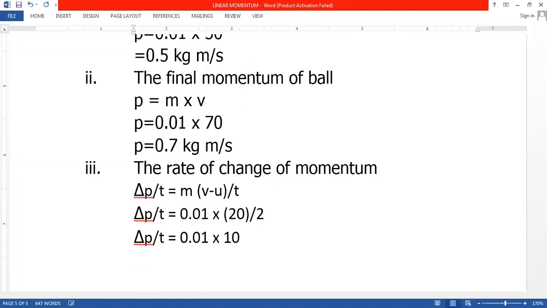How much is it coming out to be? 0.1. Now the unit of rate of change of momentum is kg meter per second square.